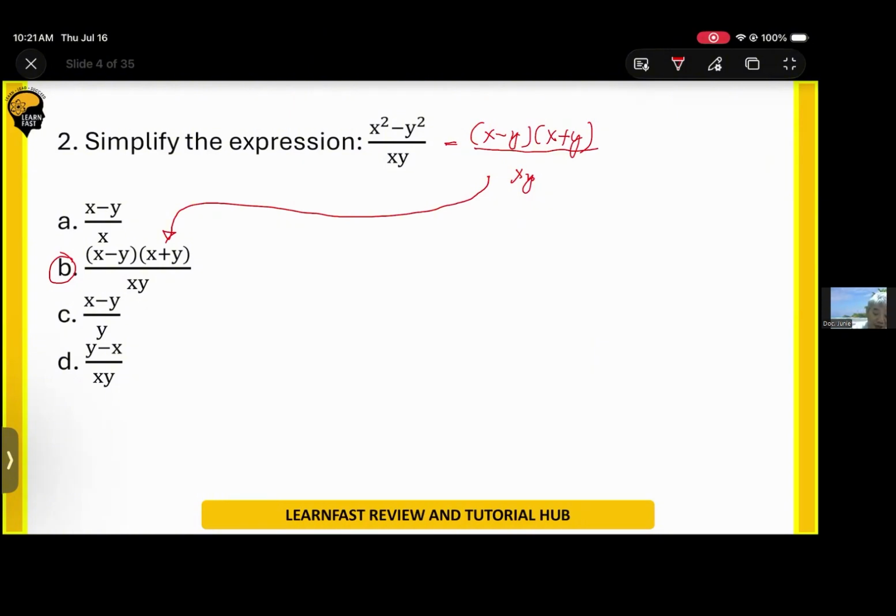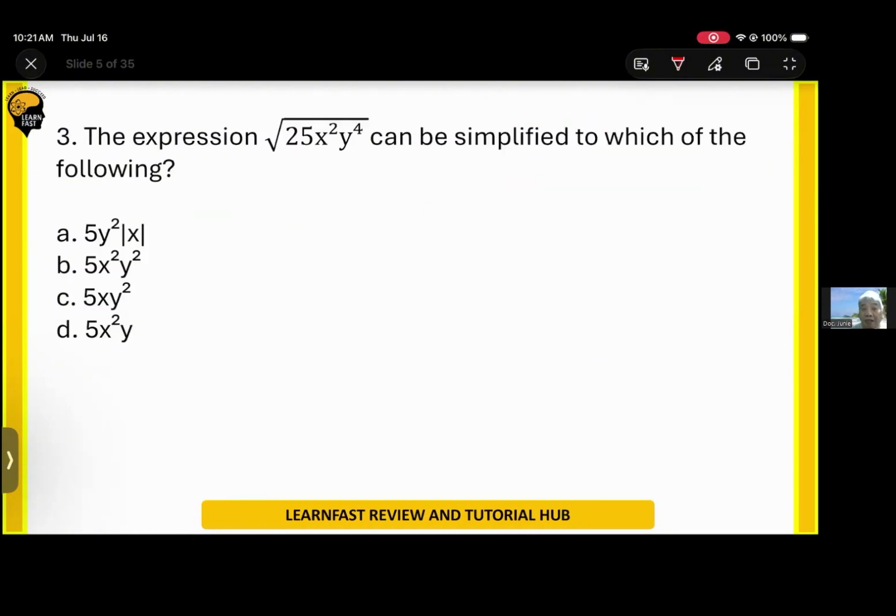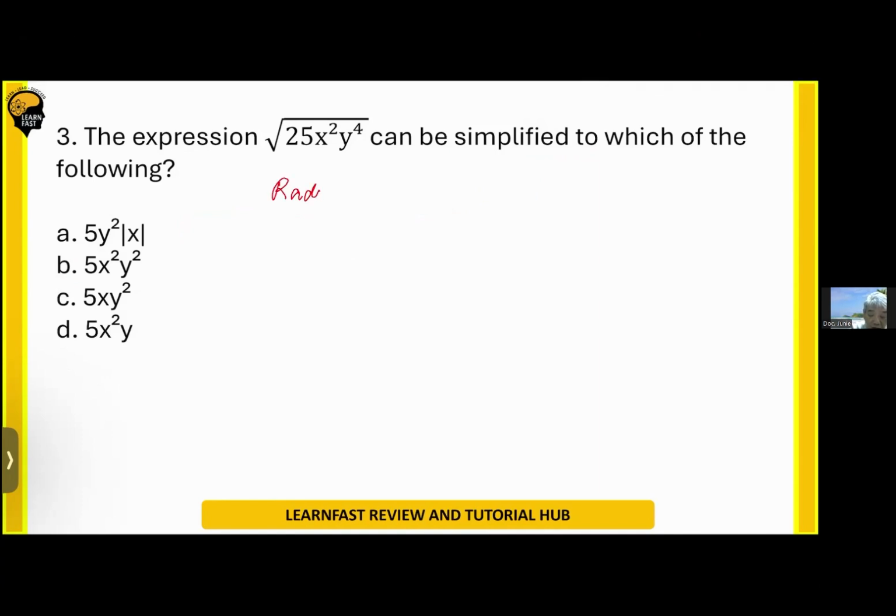Okay, so we have number 3. The topic here is a radical. A radical contains this sign, and inside the radical, you have the radicand. Always remember the radicand should be simplified. The square root of 25 is 5.